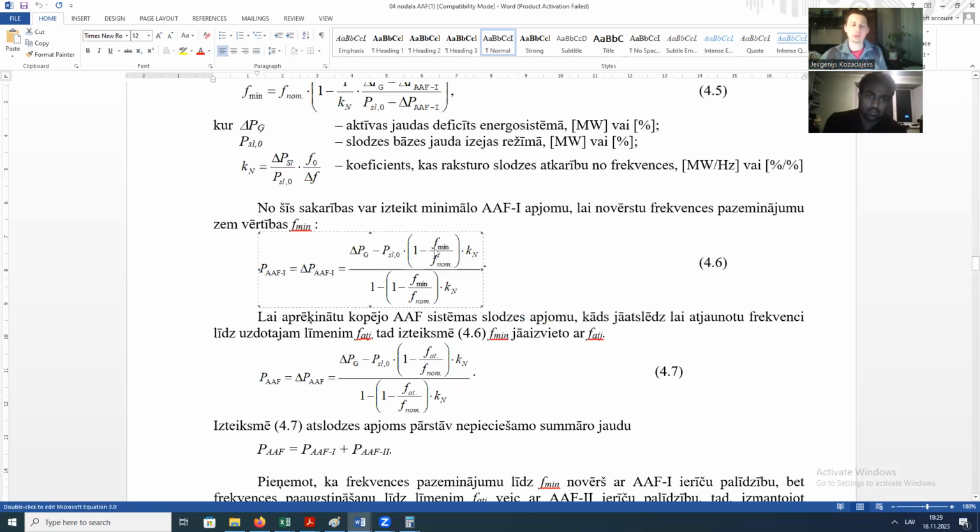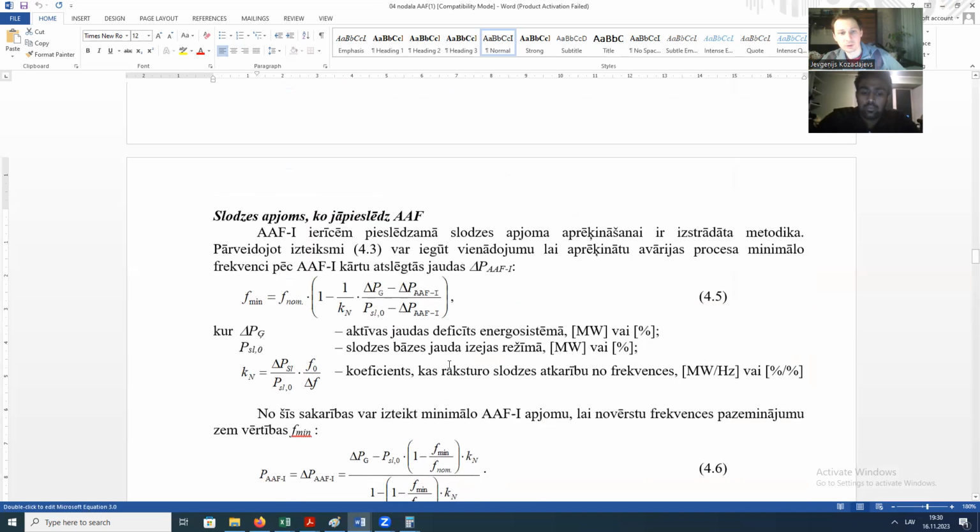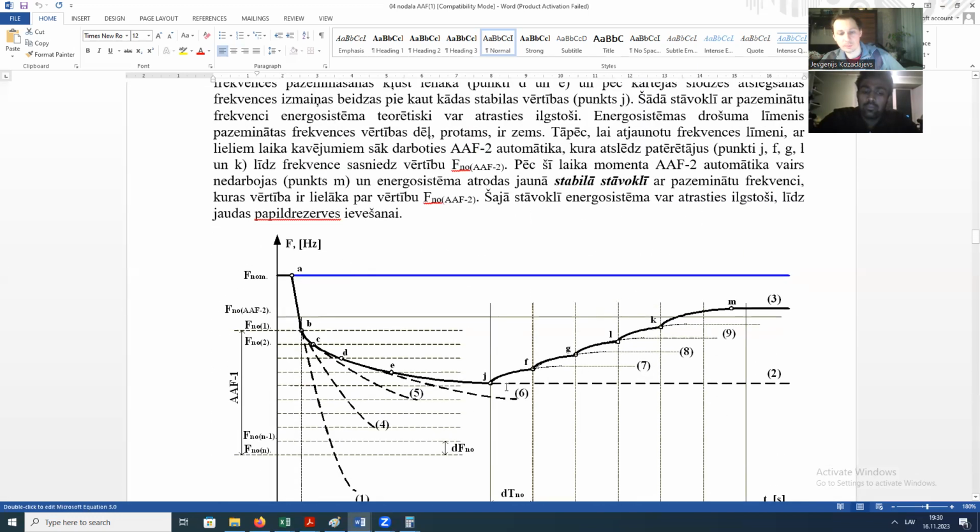In this one we are asking how much load we need to connect to the automation not to let the frequency be lower. But in this case, we are asking how much load we need to connect to the automation if we want to, I need to find the right word, to renew, not to renew, okay, to raise the frequency.